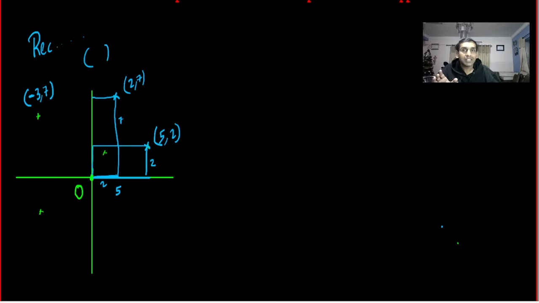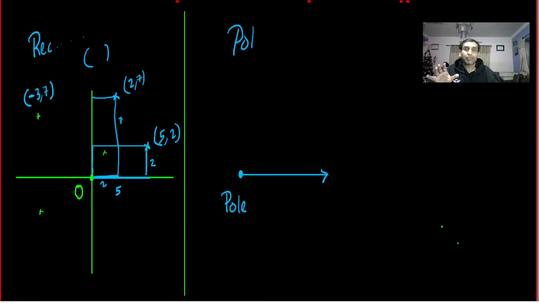Okay, now comes the polar system. In polar system, we do not draw x-axis and y-axis. Instead, we will have a reference point and that is called the pole. And we have something called polar axis. The aim is still the same. We want to give a representation for points in the two dimension. There will be infinite number of points.